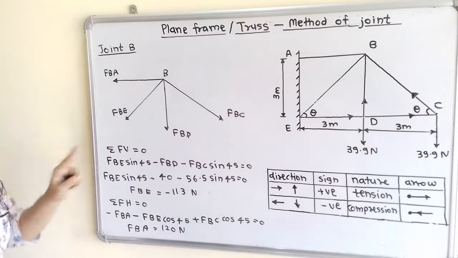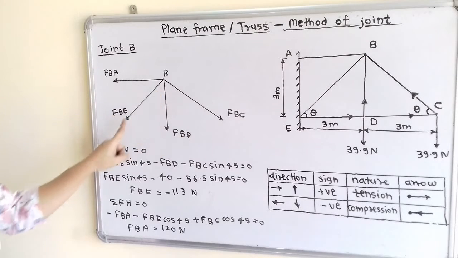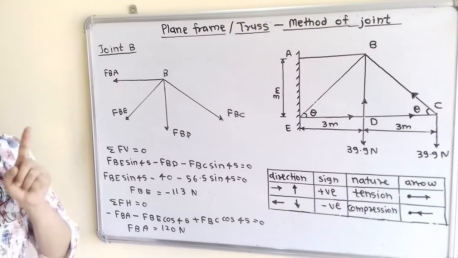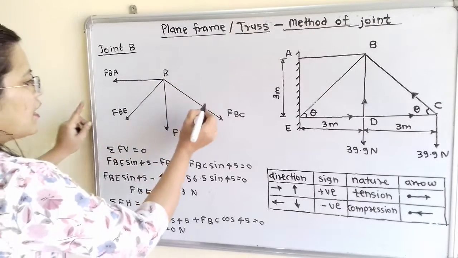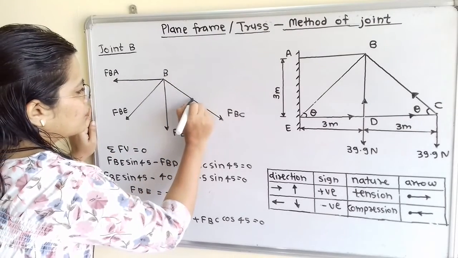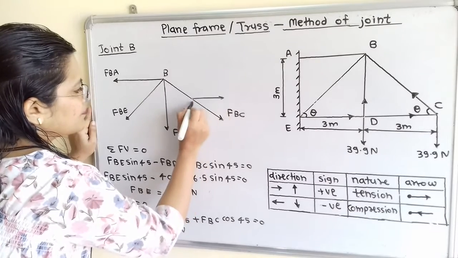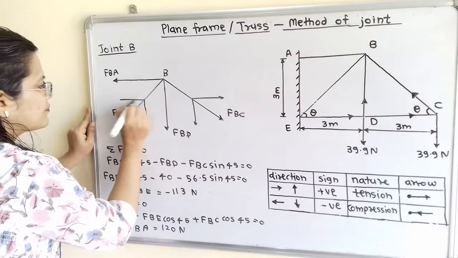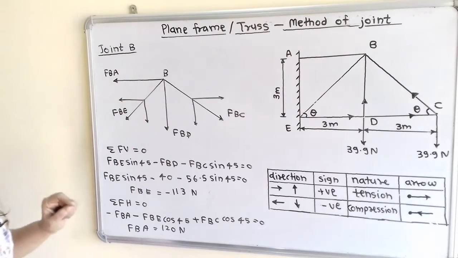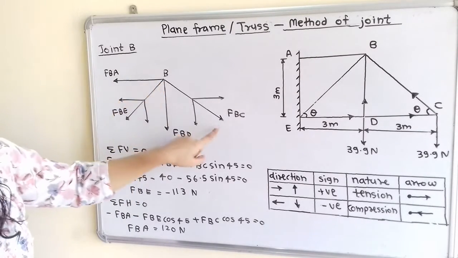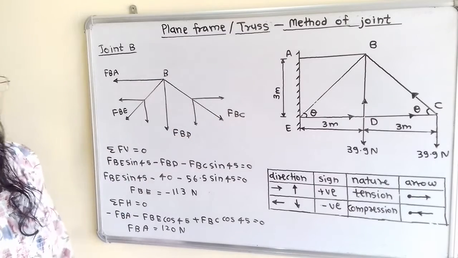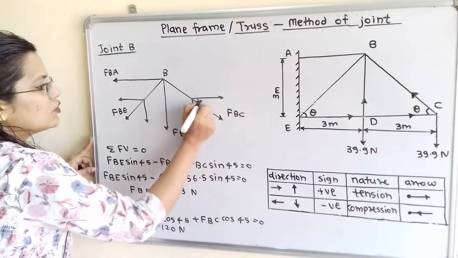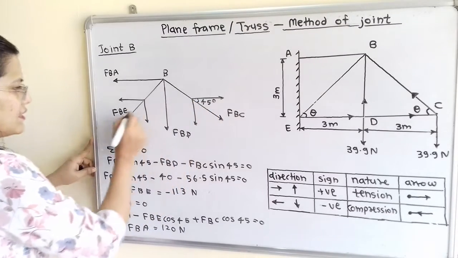FBC. Now if we observe, FBC and FBE are two inclined forces. So we will resolve into two components, horizontal component and vertical component. Now how to decide its value? Now this FBC is making an angle theta with horizontal line. So here is the horizontal component. So here is angle 45 degree.